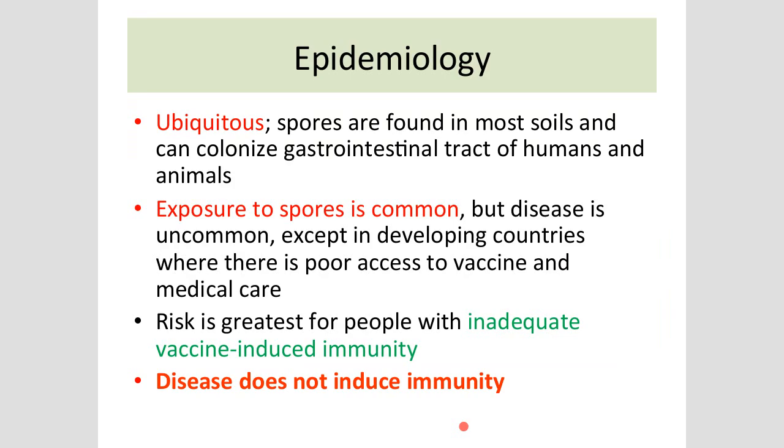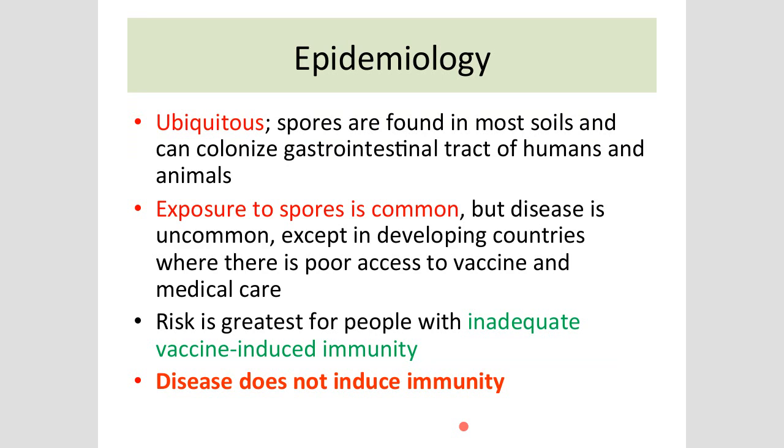Now, as far as epidemiology is concerned, they are present everywhere, as I told you earlier. Exposure to spores is common, but disease is uncommon, especially because we have all been vaccinated. And hopefully we have good medical care. The risk is greatest for people who do not have the vaccine.